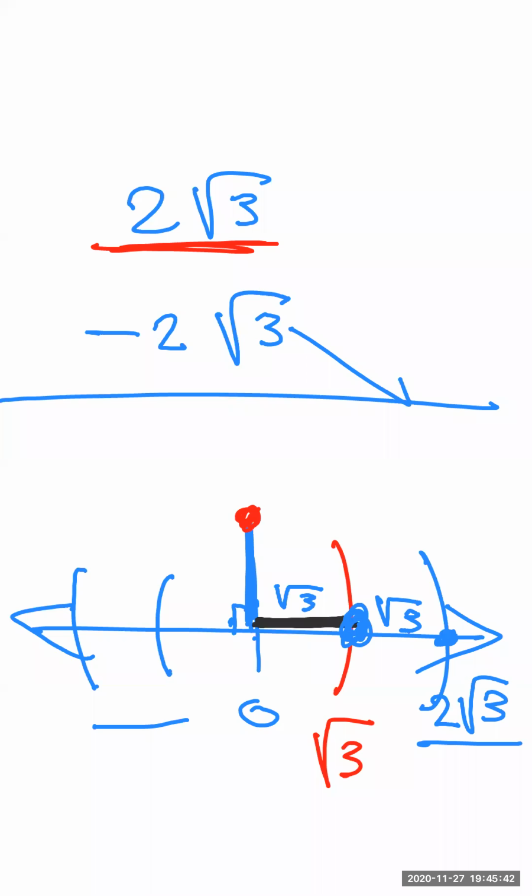Can he say square root of 3 plus 2? No problem.